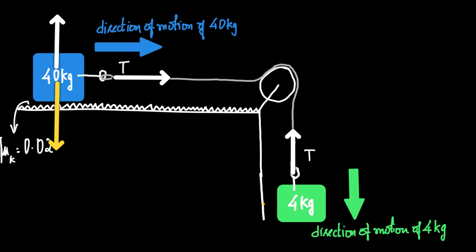Tension on the string originating from the point of contact away from it. And the most important force here, friction, which will act opposite to the direction of relative motion. Right? Now let's see this one by one.